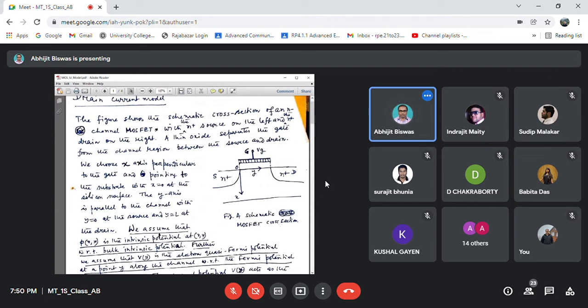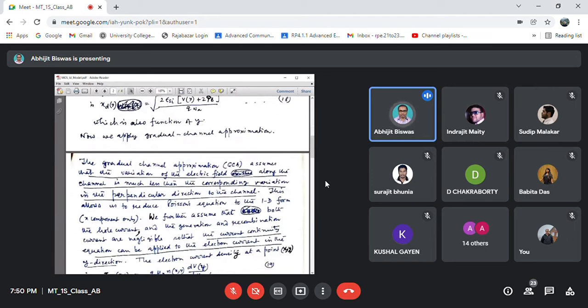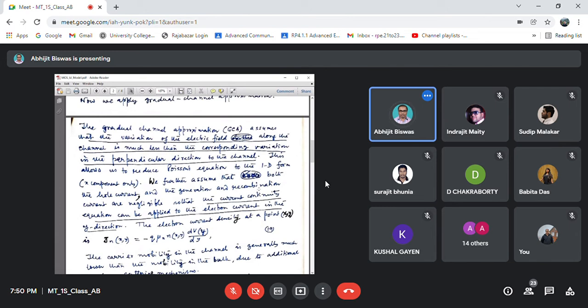So that is why if we consider this gradual channel approximation, it actually converts the 2D Poisson's equation to one-dimensional Poisson's equation. We take only variation of electric field in the x direction. And there is no or negligible variation of electric field along the y direction. That's why we take the Poisson's equation with reference to x only, x coordinate only. So this is true if we assume this gradual channel approximation.